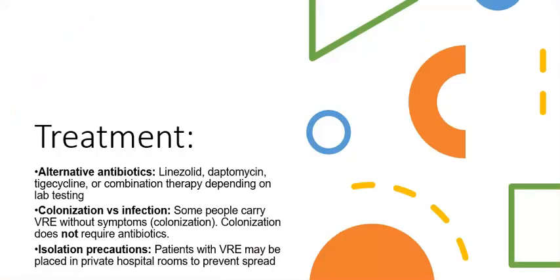And then treatment for this is going to be combination therapy. It really depends on what your lab and your testing shows. Is it a colonization versus infection? Some people carry VRE without symptoms. If it's a colonization, that does not require antibiotic.